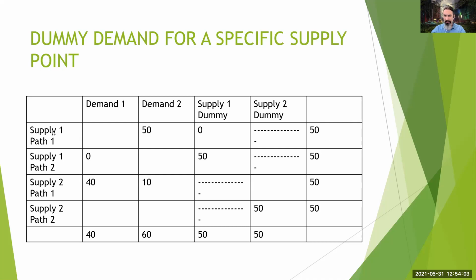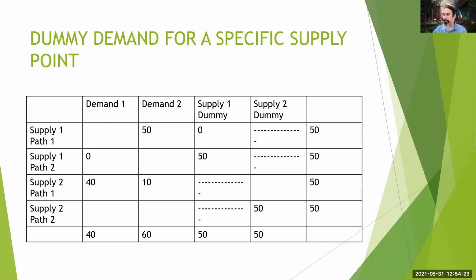So you can either send all the 50 via path 1 or all of them via path 2. So all of a sudden, your total output becomes 100, which is not possible. Your output is 50 anyways, but with 2 different paths, you could have said it would be 100.